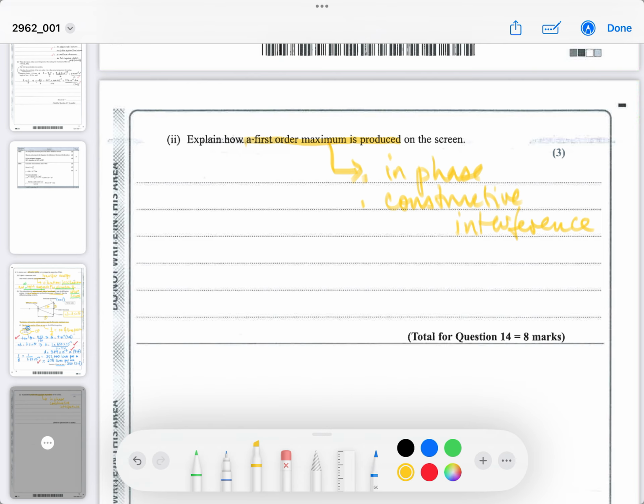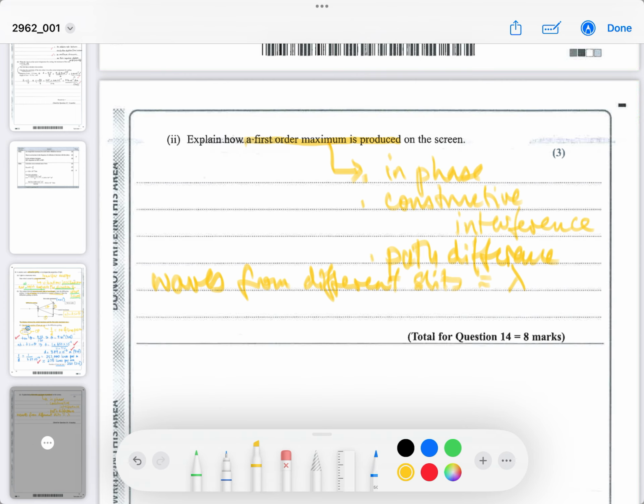Constructive interference occurs, and you then need to mention that the path difference between the waves from different slits is equal to lambda. So if the path difference between adjacent slits is equal to lambda, then you're going to get the first position where you get constructive interference.